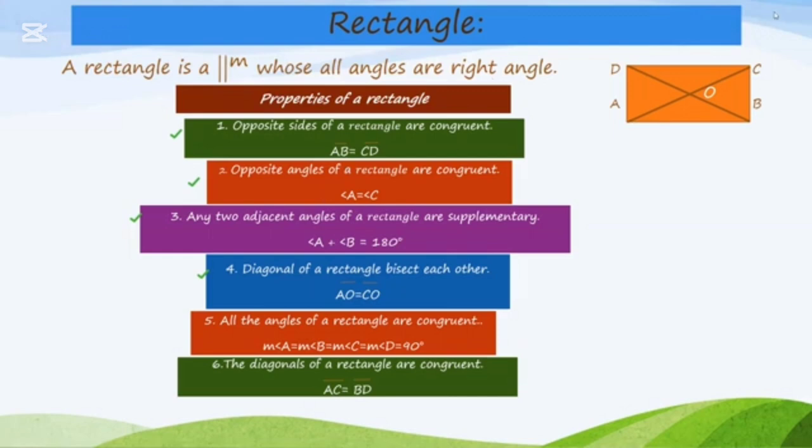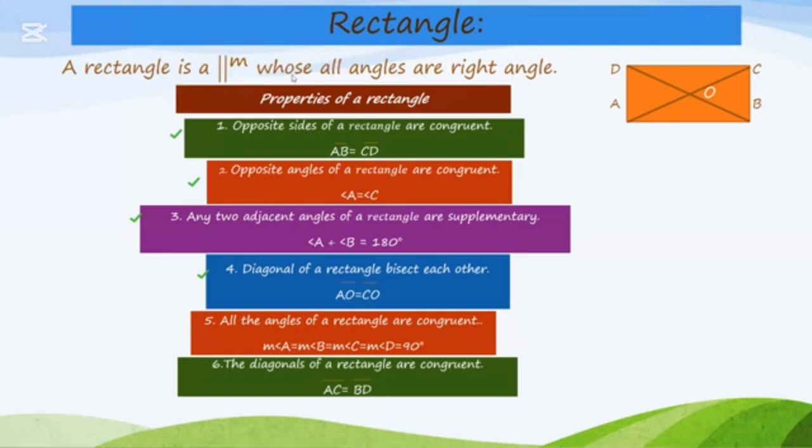That means here OA is equal to OC and OB is equal to OD, right? Now, the fifth property is that all the angles of rectangle are congruent. All the angles are congruent means that all the angles are equal to 90 degrees.